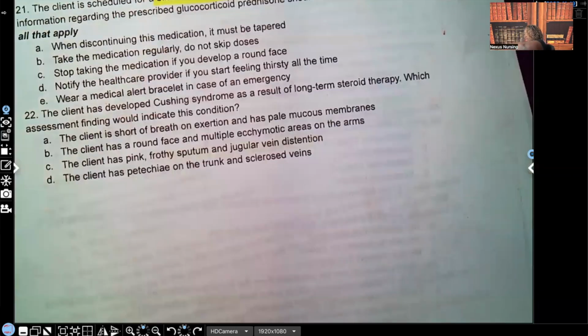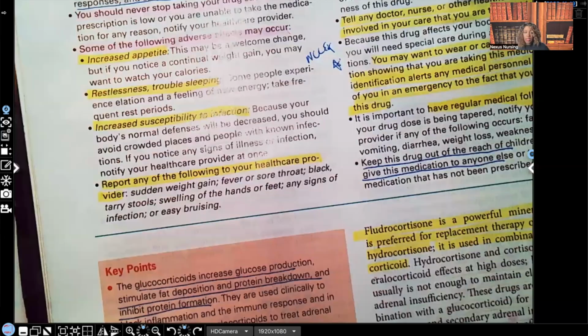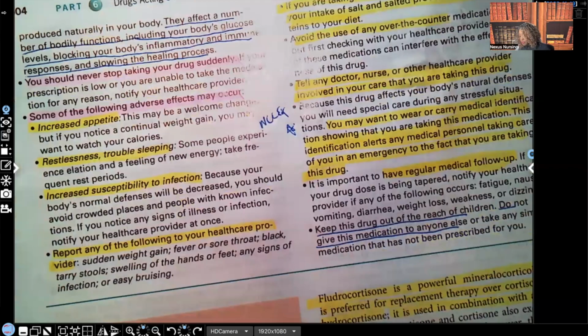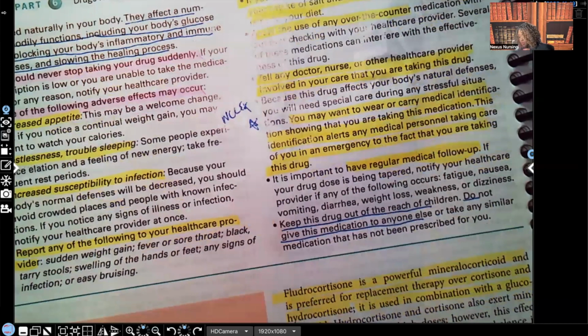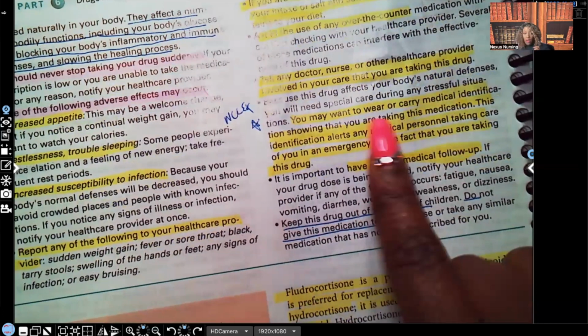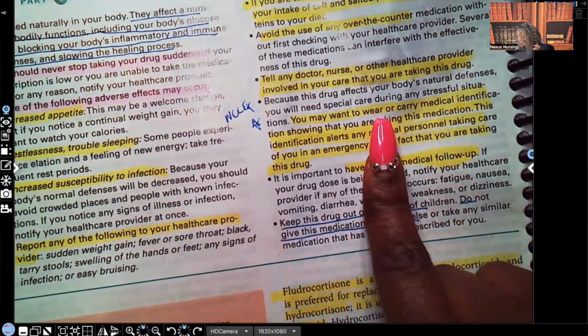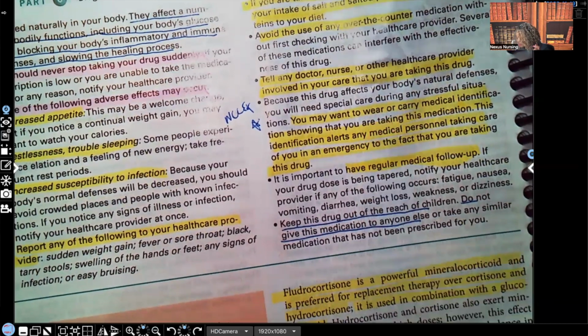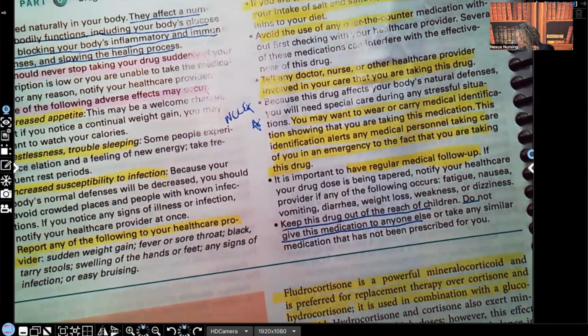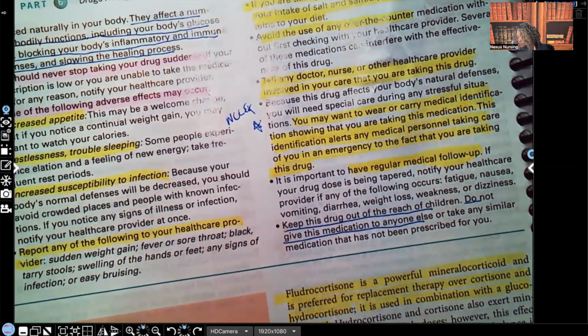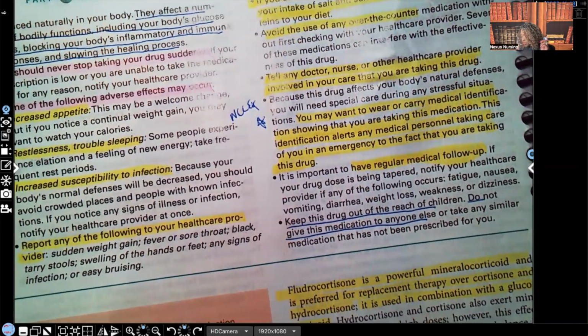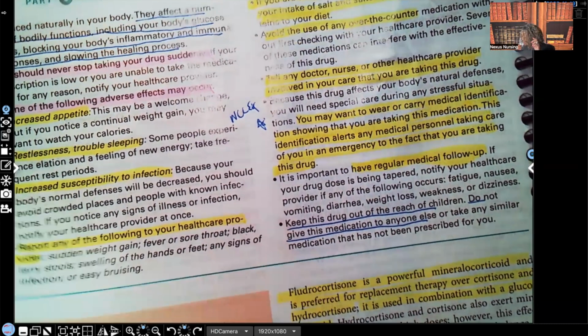So this part is a case study for a patient that's taking the steroids, things you're going to teach them. Take with food. What do I have? NCLEX over here. Oh, here we go. Make sure you carry a medical alert bracelet. Let's go, because I want you to see where it talks about the hyperglycemia.